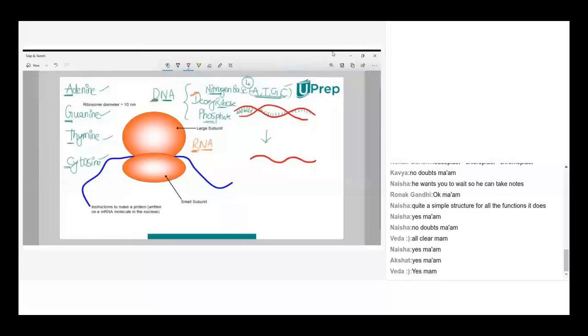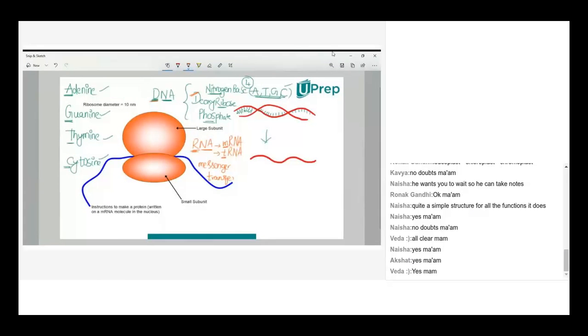It may be mRNA. It may be tRNA. M stands for messenger, T stands for transfer. Messenger RNA or transfer RNA. Based on the function, RNA may be mRNA or tRNA.